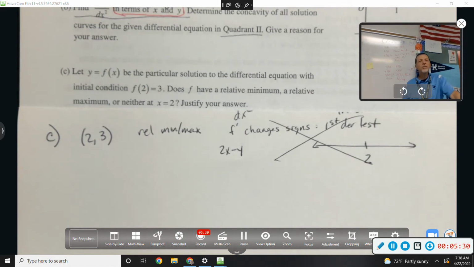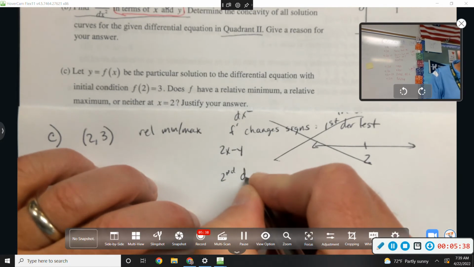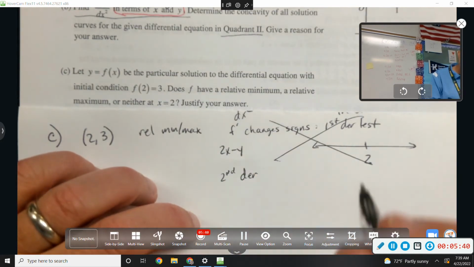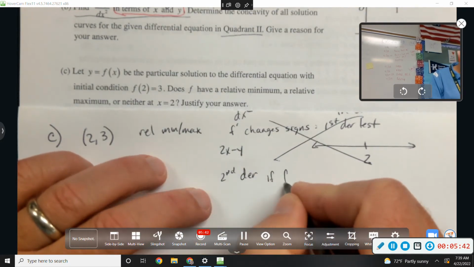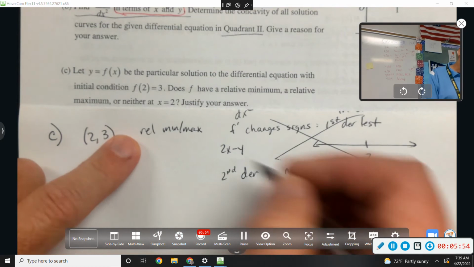So how else do we know if there's a relative min or max? What's the second derivative test? Use the second derivative. What would I be looking for off the second derivative? Okay, concavity.